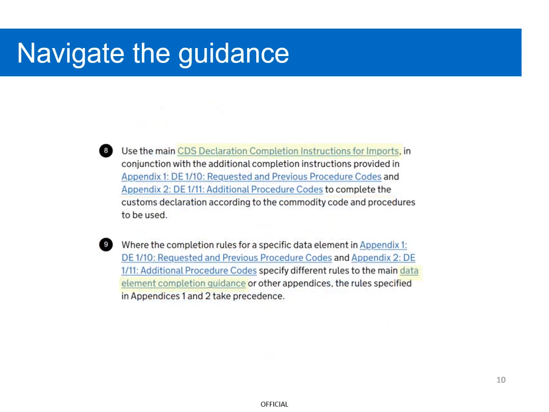The first thing Hallie will do is open the CDS Declaration Completion Instructions for Imports guide, which has data element by data element guidance of what is required. This can be accessed via two links in both steps 8 and 9.